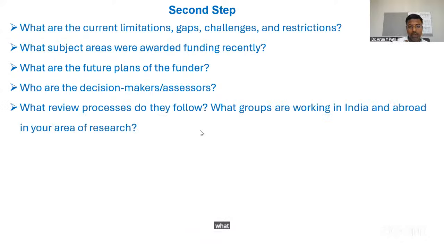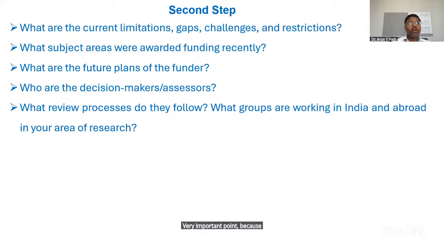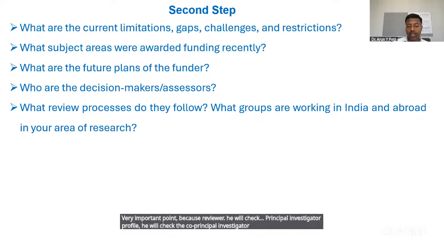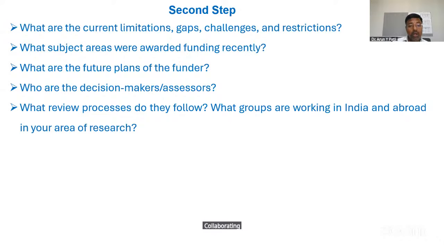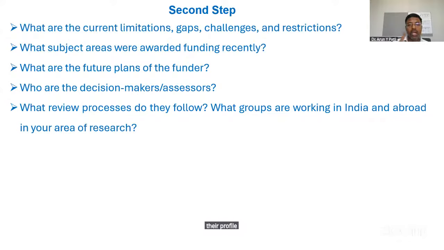What review processes do they follow? What groups are working in India and abroad in your area of research? Very important point, because the reviewer will check the principal investigator profile, the co-principal investigator profile, and the collaborating institute, whether it might be an industry or NGO or any R&D lab. They will cross-check all those people's credibility, their profile, their area, and you can't just simply add a cluster of people and propose it.